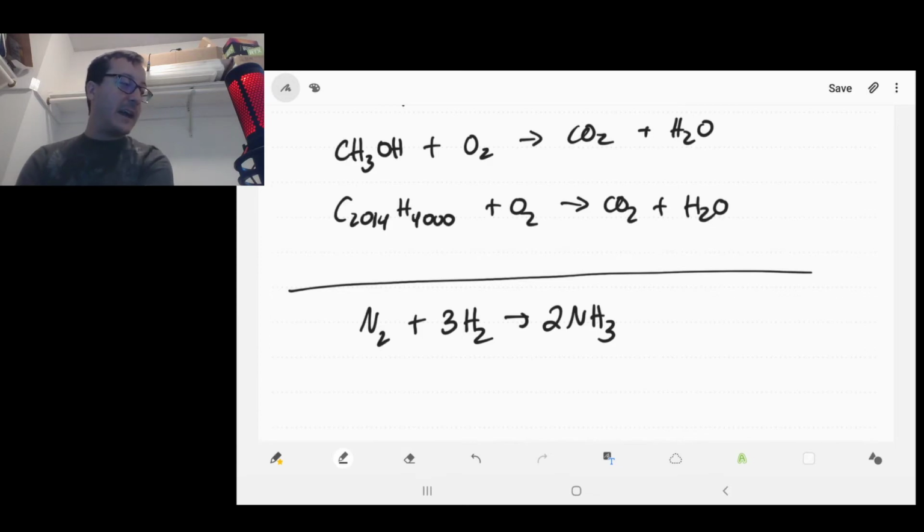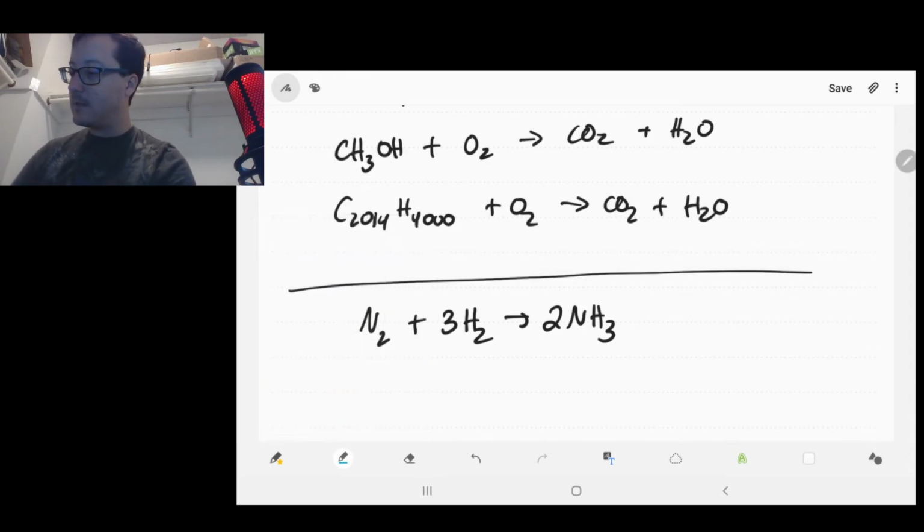If you look at this reaction, this is a very, very important industrial reaction. Tons and tons and tons of ammonia are being made through this process, through this reaction. And it's one we're going to study at length in C111 or 113 if you take that class. You'll love this reaction.